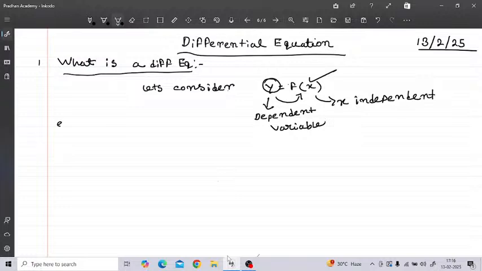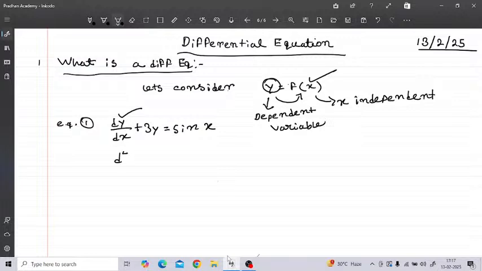Suppose, let's take some examples. So our example is, that's the first order derivative. See, that's an equation and it involves the first order derivative of y. So that's a differential equation.